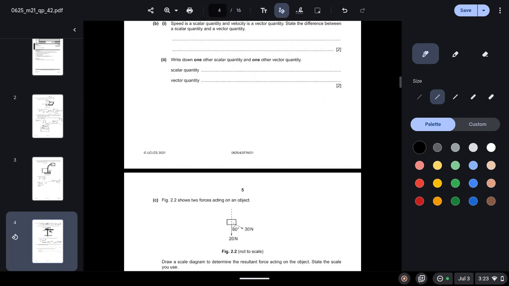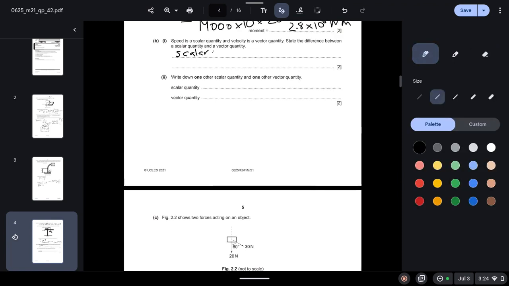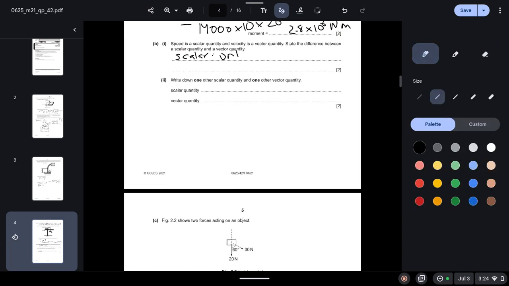Speed is a scalar quantity and velocity is a vector quantity. State the difference between a scalar quantity and a vector quantity. So a scalar quantity only has magnitude, whereas a vector quantity has both a magnitude and a direction.